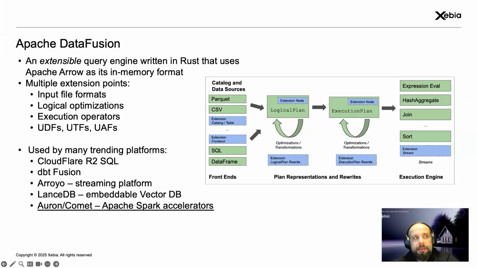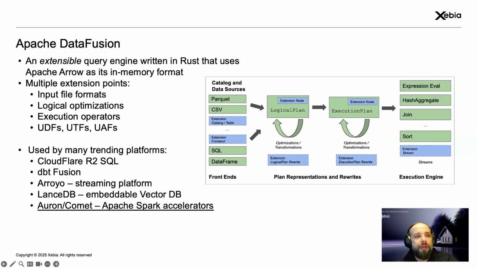And as the name suggests, this is a reusable component that can be, first of all, extended with, for example, support for different file formats, with some logical optimization within its built-in query optimizer. You can also add your own execution operators, user-defined functions, transformations, table functions, and aggregation functions.